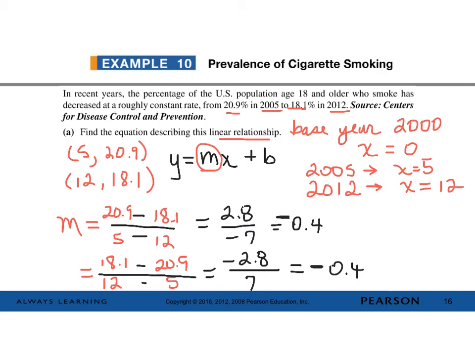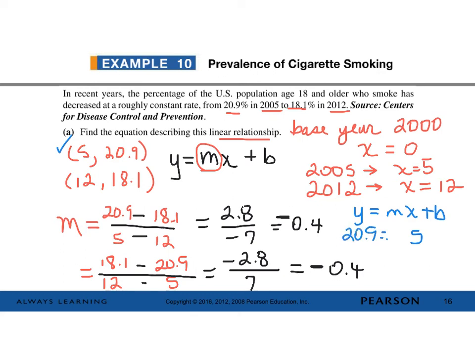And then we will use y equals mx plus b. And we need to find the y-intercept. So we can choose either point. I'm going to choose the smaller one. So x is going to be 5. Y is going to be 20.9.